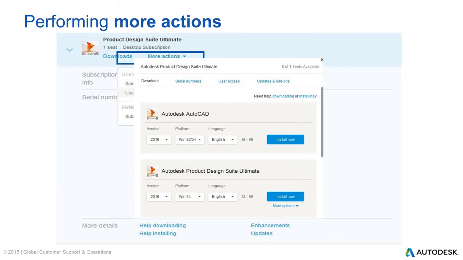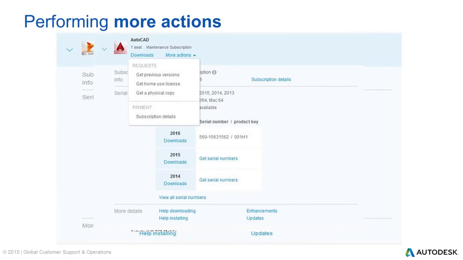If I look at a menu for a user with a different type of product, a networked license with maintenance subscription, for example, the menu will look a little bit different. Now we see options for getting a previous version, a home use license, and getting a physical copy of the software. Again, we see this personalization that shows you what you're designed to have access to.